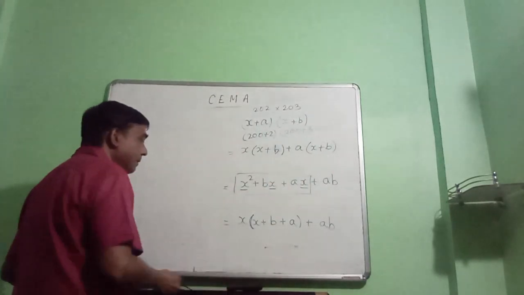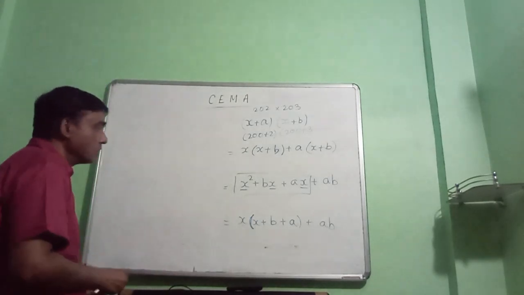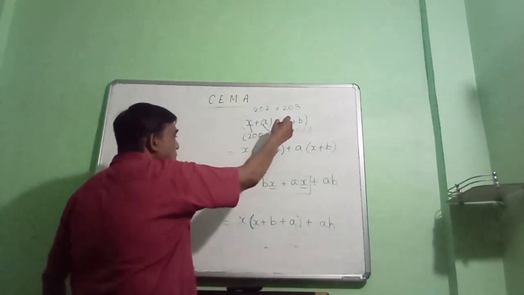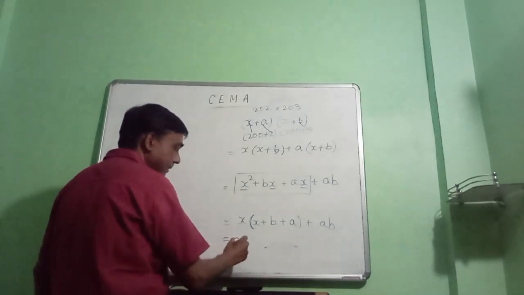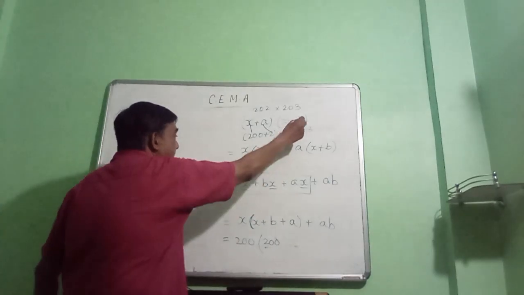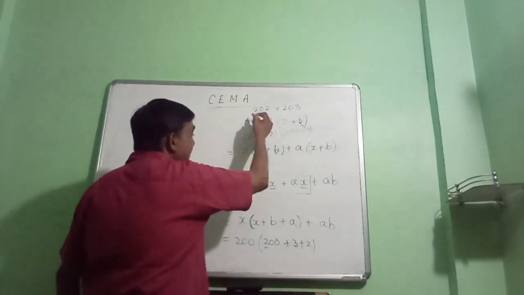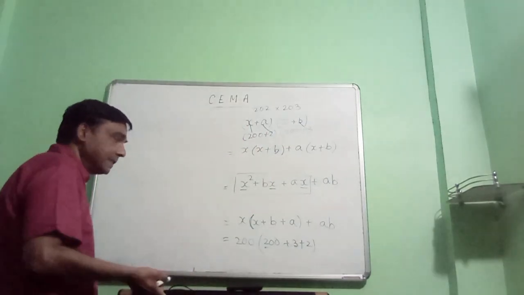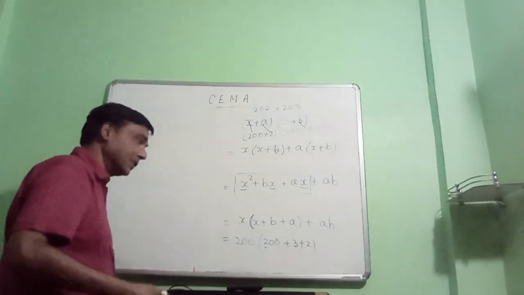So going by the same step, when we come to the end of this, what we have is this x is 200 and a is 2 and b is 3. So my 200 is here multiplied by 200 plus b, that's 3 plus 2. So if I see it from this side, I can write it as a plus b or b plus a. That's the reason why whether I take it in this direction or this direction, it works.